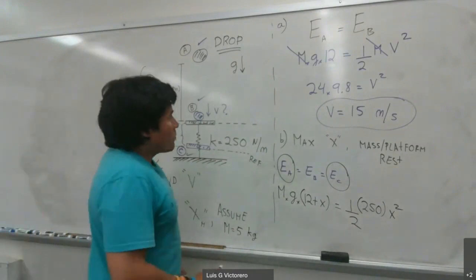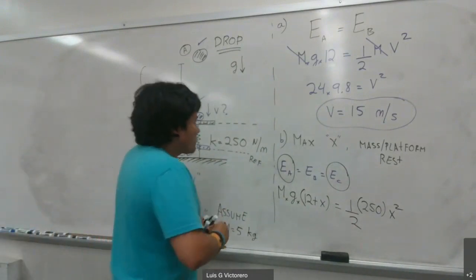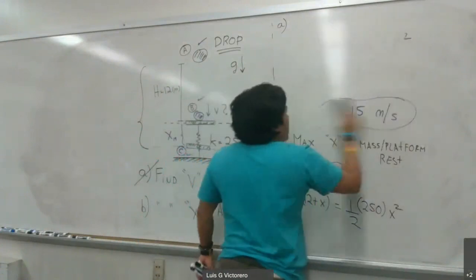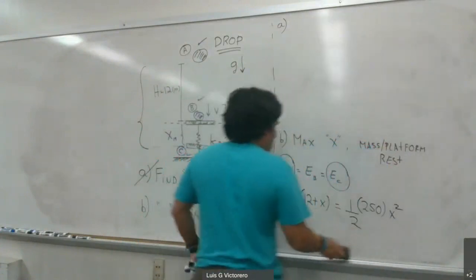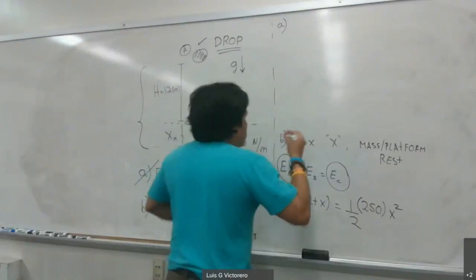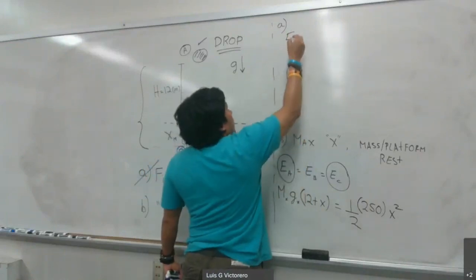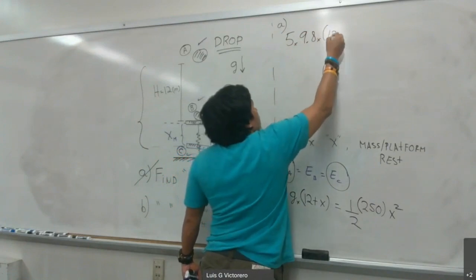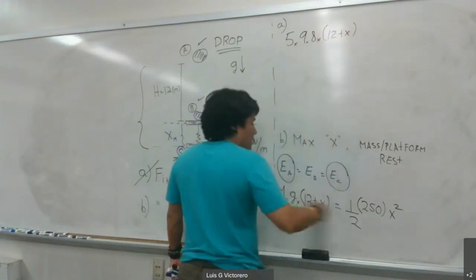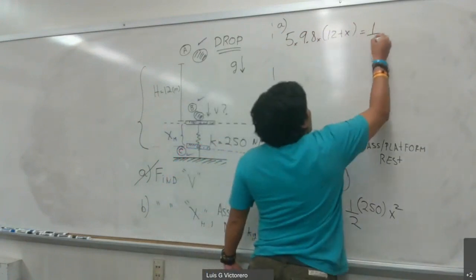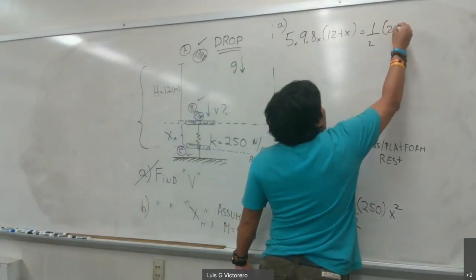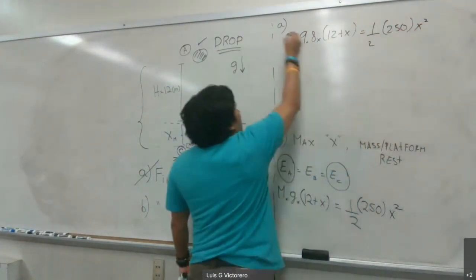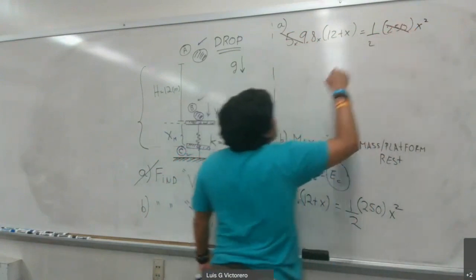All right. So I can erase this. We already did part A. We go and put it there. 5 times 9.8 times 12 plus X equals half, 5 is 50.